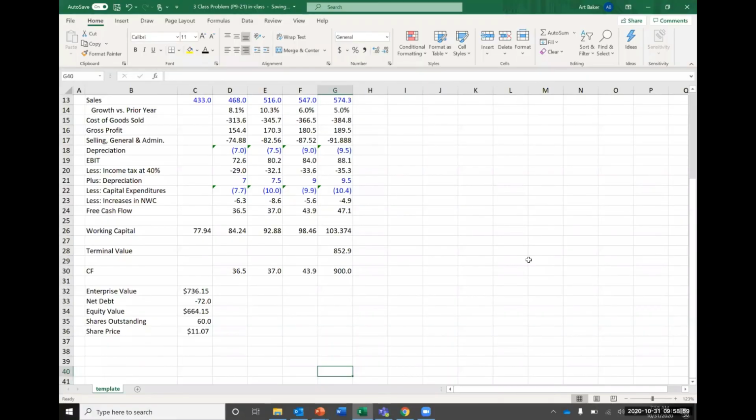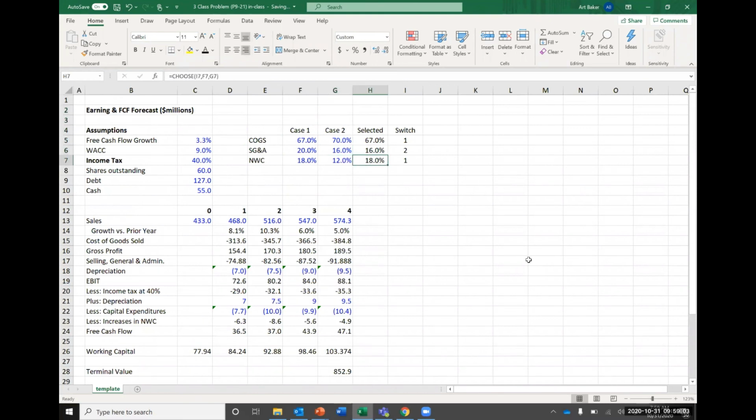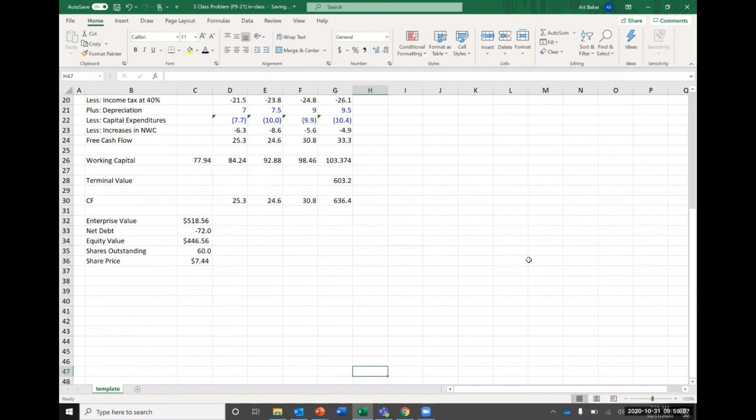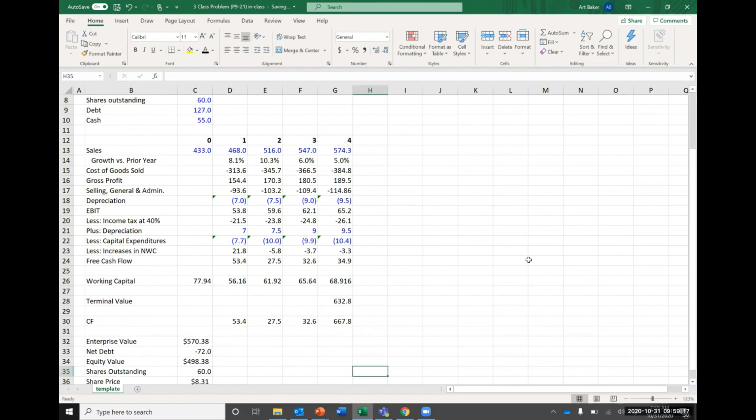And for question D, I turn the switch back to 1, and you can see the share price goes back to 744 as in the base case. Then if net working capital is 2, so if it's 12%, there's a big release.